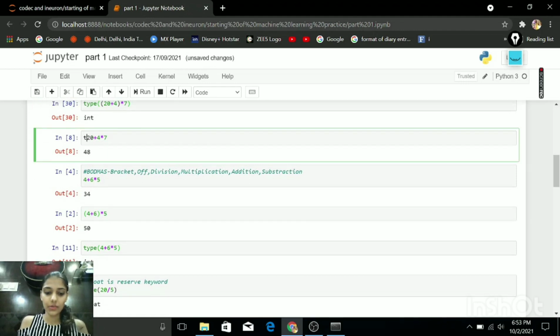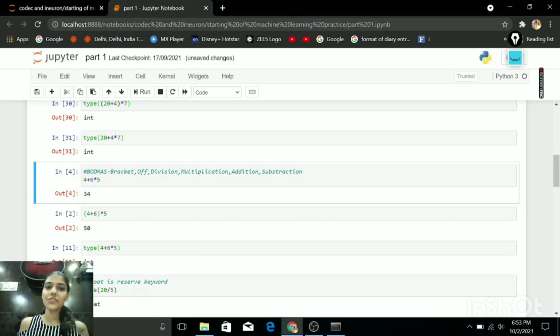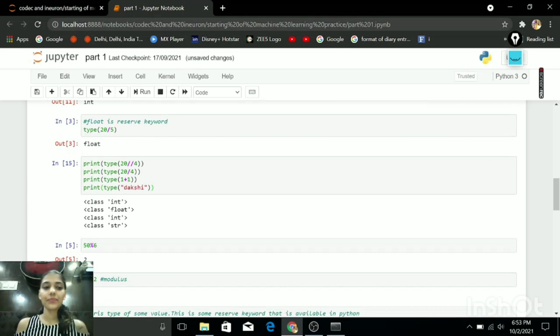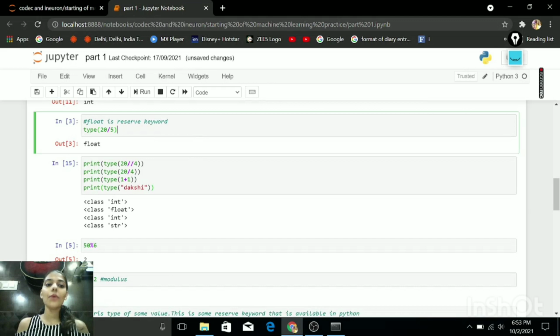Let's do this also guys. Type of this, it's also an integer, right guys? After this, I checked type of 20 divide by 5, it is float. What is float? Float is a reserved keyword also.